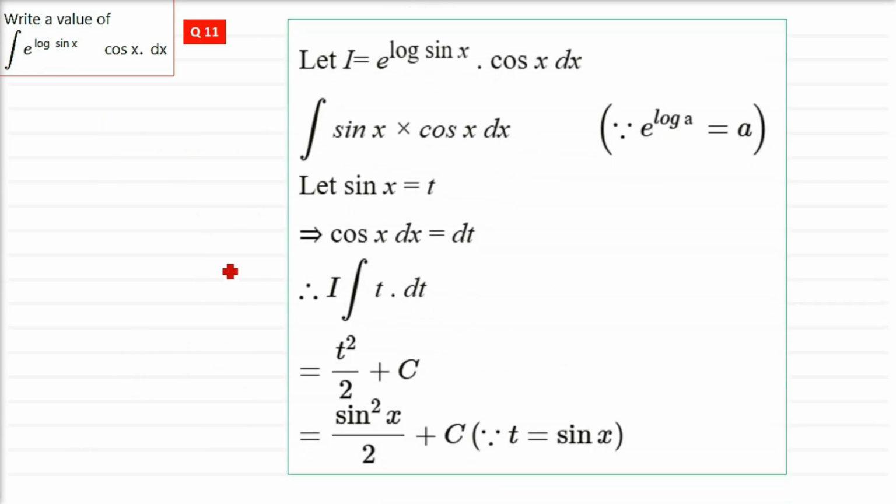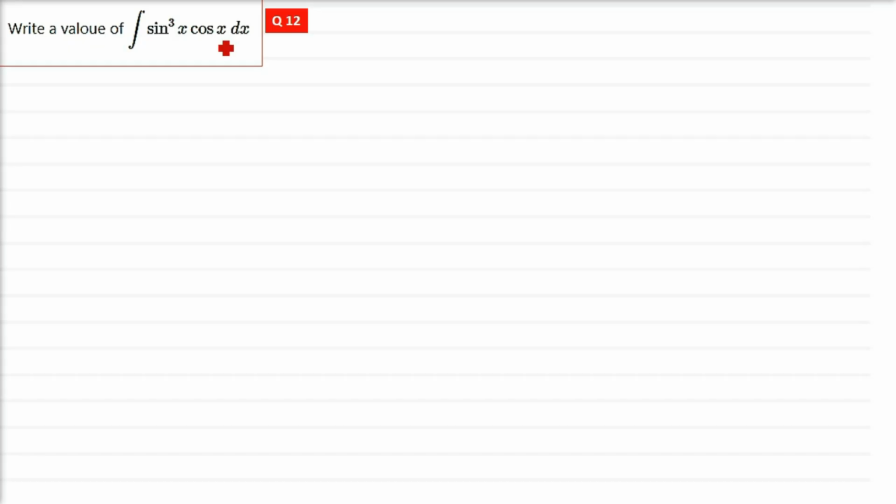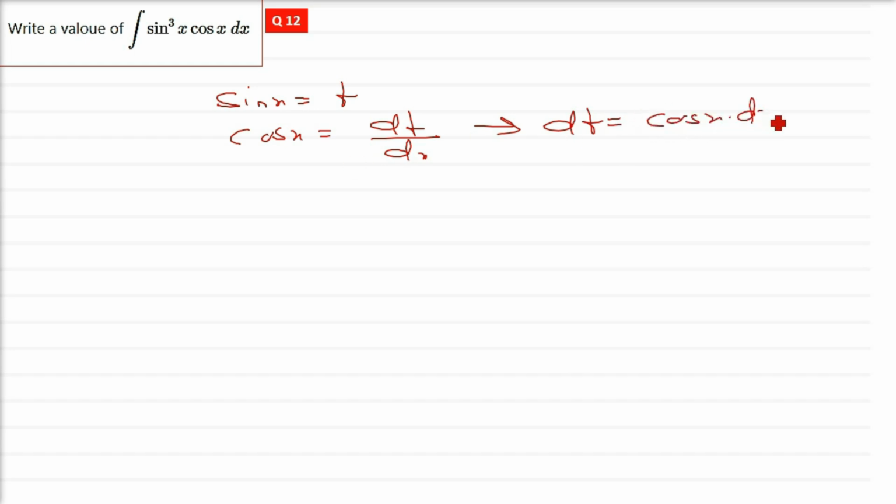Now how we are going to do it, it's in front of you, and I hope you'll be able to solve it easily. Now sin cube x cos x, we have just seen in the previous question, the latter part of that question answers this question and the questions which are coming later to this. That is, if we take t equals sin x and we differentiate, which we have already seen, dt by dx is cos x, that means cos x dx can be directly taken as dt.